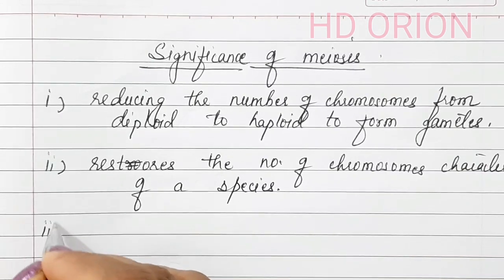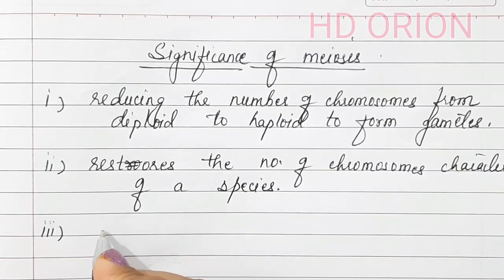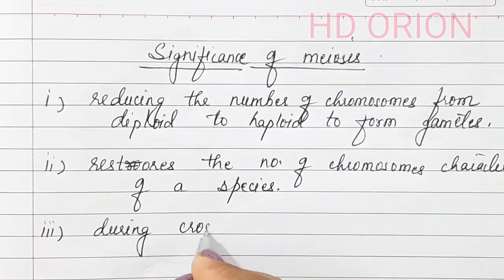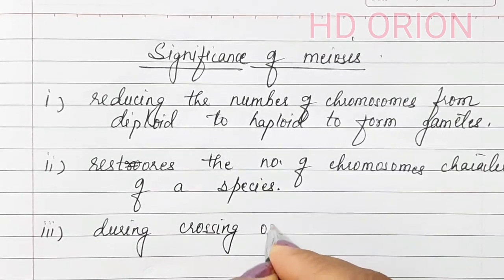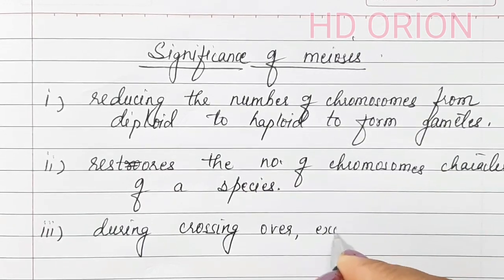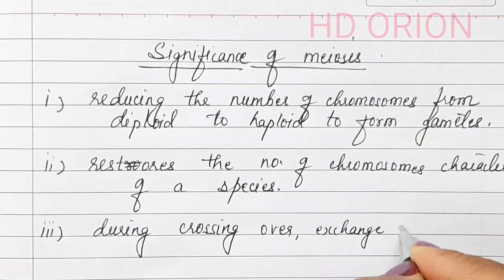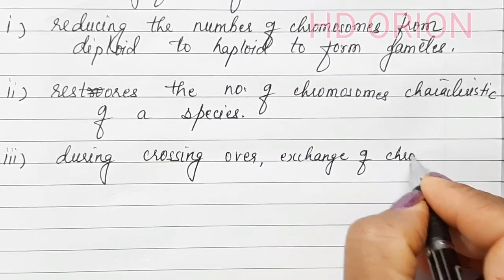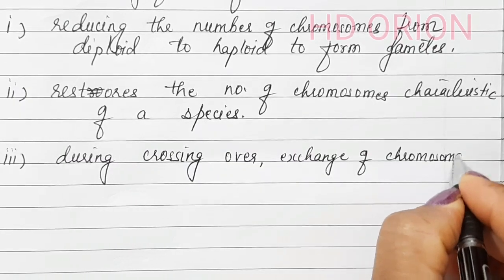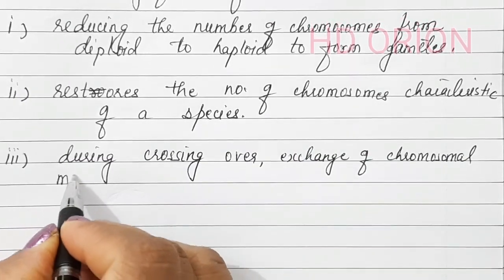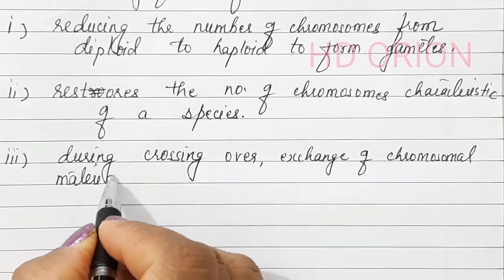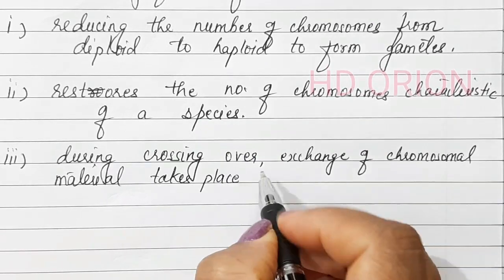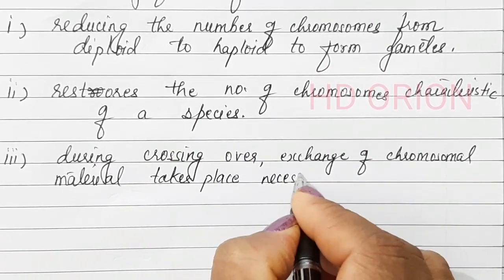And the most important significance of meiosis is that during crossing over, exchange of chromosomal material takes place, necessary for variation.